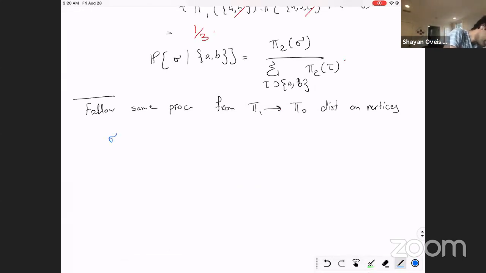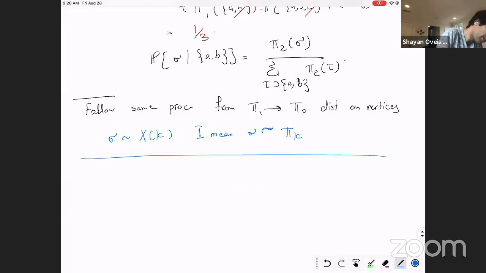When I write sigma sampled from Xk, I mean basically sigma sampled from pi k. I just write Xk to make sure that this is this complex. Okay, any question?